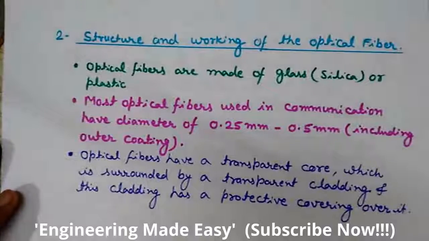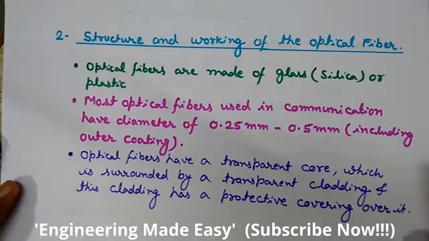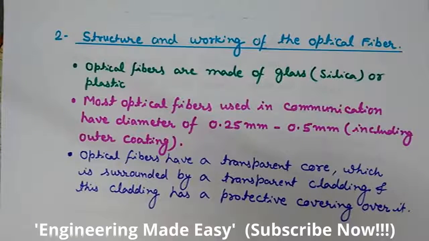Now let's discuss other points like the structure and working of optical fibers. Optical fibers are made of glass, as we have discussed, or plastic, and are very thin. Most optical fibers used in communication have a diameter of 0.25 mm to 0.5 mm, including the outer coating.